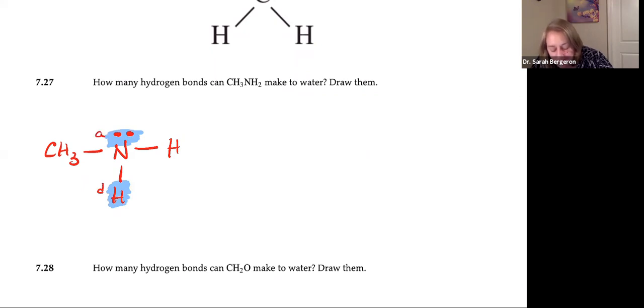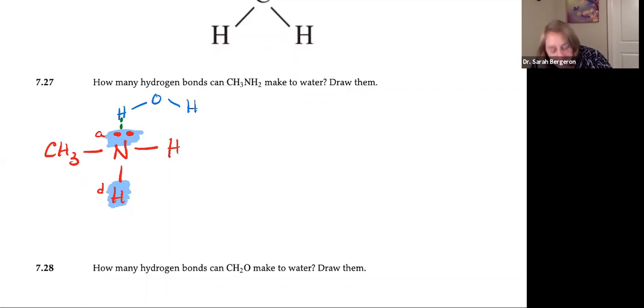So how would I draw my water molecule in? Well, I need a donor, and so I'm going to end up with a hydrogen bond. Usually they draw hydrogen bonds as red, but I've already got them in red, so let's do green. And they draw them as little dashes.